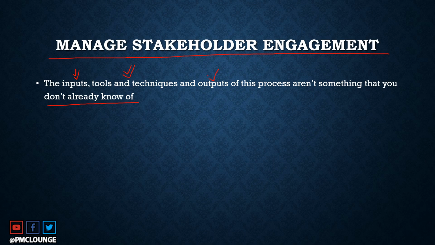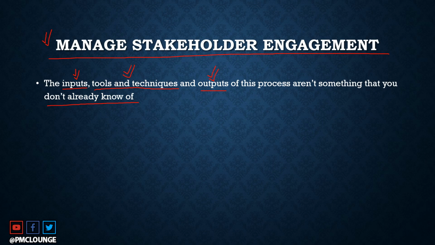So by now you would have seen all the concepts that you are going to see listed under the ITTOs of manage stakeholder engagement. In fact, a good thing to do here would be to try to list out what do you need as inputs, what are the tools and techniques that you need to employ to be able to generate certain output that belong to the manage stakeholder engagement process.